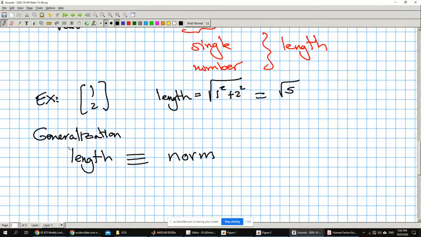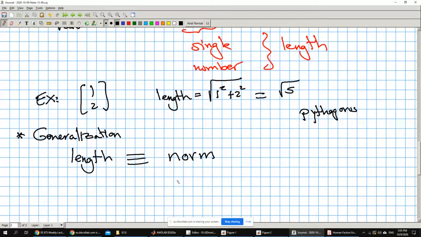This is a generalization of the length in general. Basically, length in general can be computed using a norm. And this norm actually has the Pythagoras equation here as a special case.